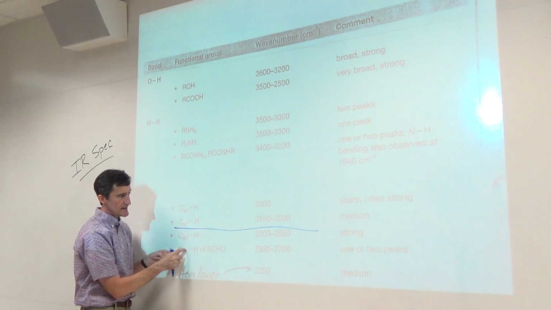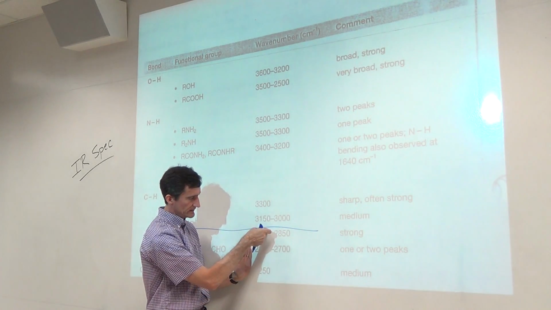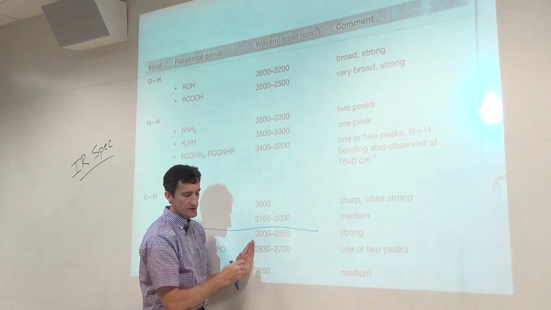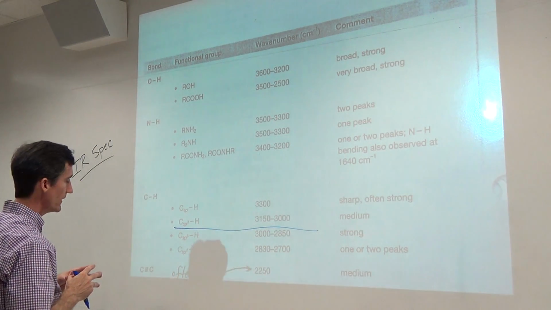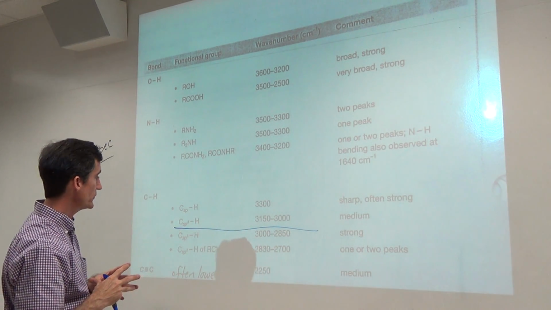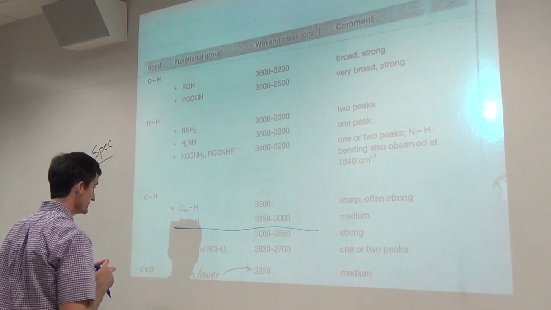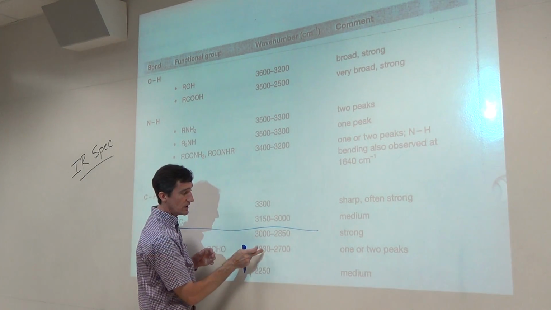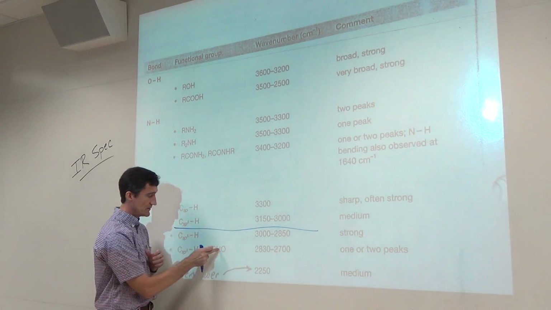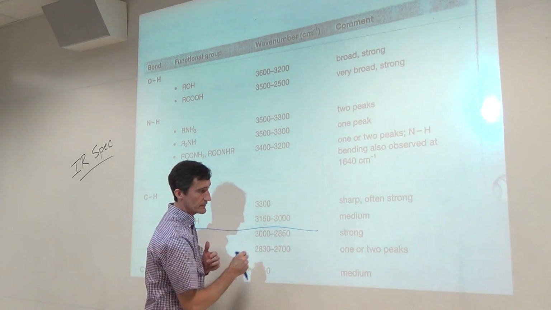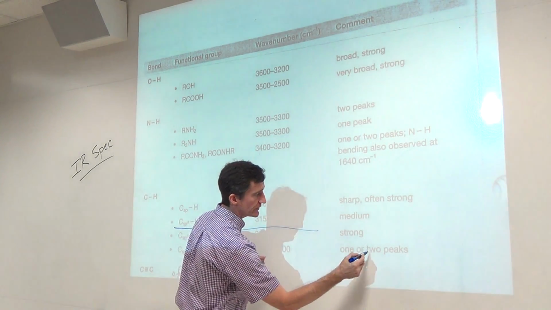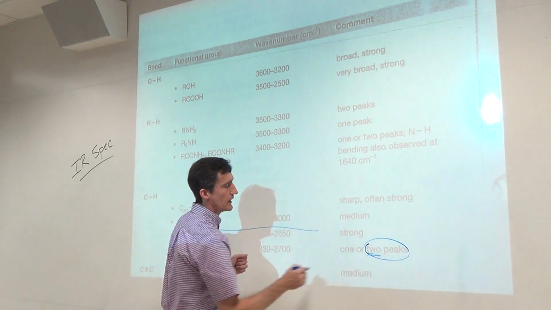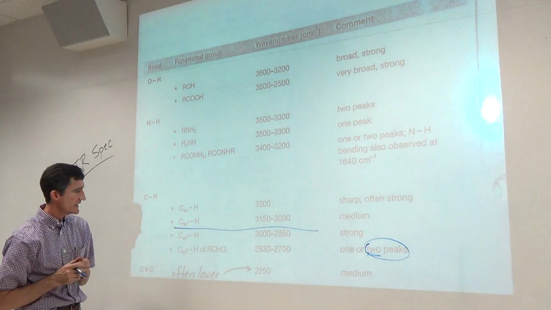It's actually a little bit less than this range, 2700, 2800 range, and we will see an example of that when we start looking at individual spectra. Word of caution, students often forget this absorbance for the aldehyde. It says 1 or 2 peaks. Very often it's 2 peaks. There, we'll see an example.